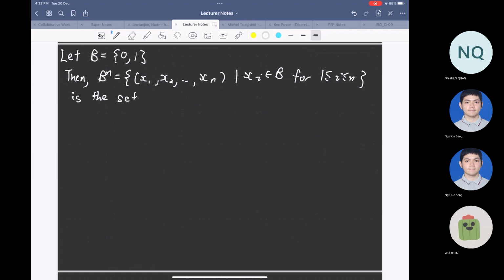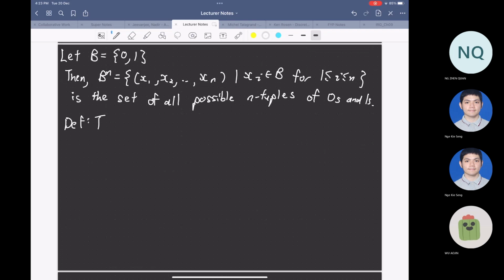It is the set of all possible n-tuples of 0 and 1. Okay.